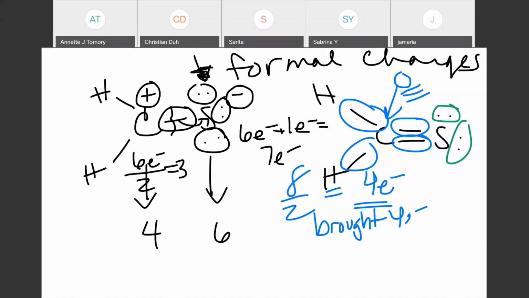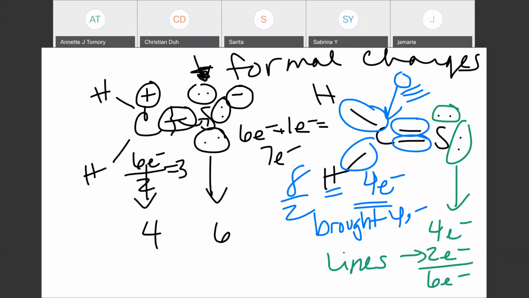There's 4 electrons here. How many lines does it have going to it? 2. So how many electrons does it have total around sulfur? No, that's 8. No, you're right. Wait. Okay, but the 2 line. When we do formal charges, we're looking at the lines. Okay, sorry.